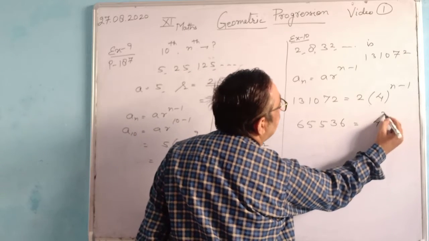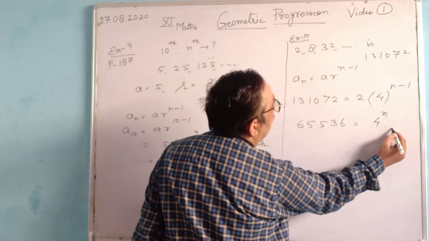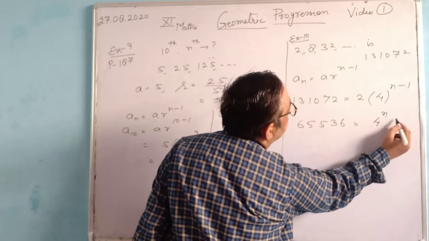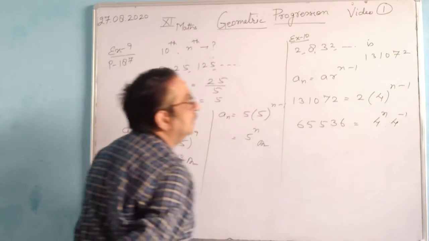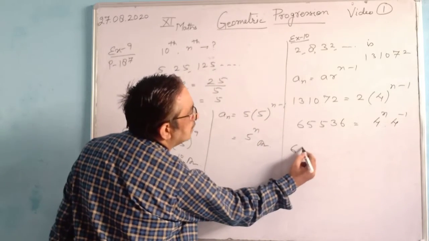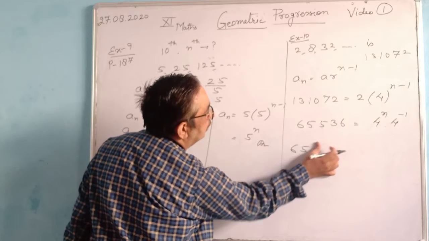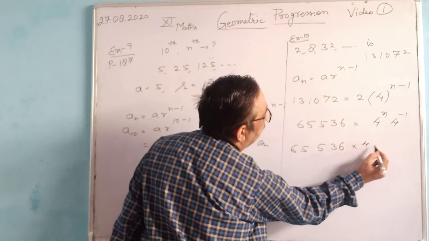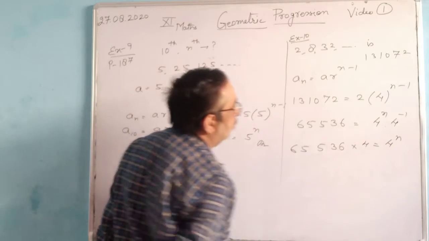And this is 4 raised to the power of n upon 4 raised to the power of 1. This minus 1 means 65536 multiplied by 4 raised to the power of n.